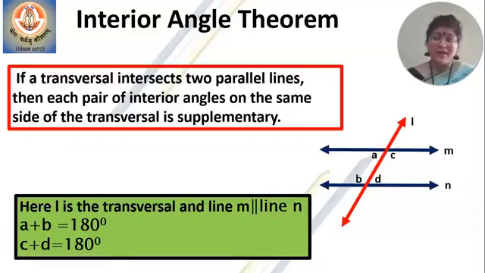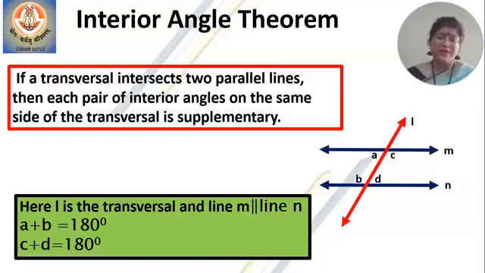And if the lines are already parallel, and if a transversal is intersecting them, then each and every pair of corresponding angles will be congruent. In the alternate angle theorem, each and every pair of alternate angles will be congruent, and in the interior angle theorem, each pair of interior angles will be supplementary. So I just want you to remember these statements.